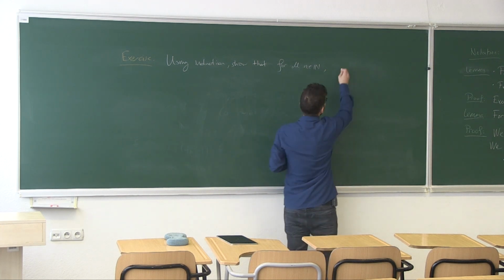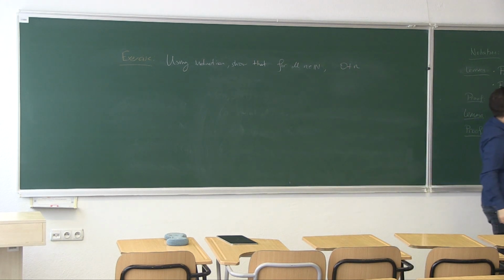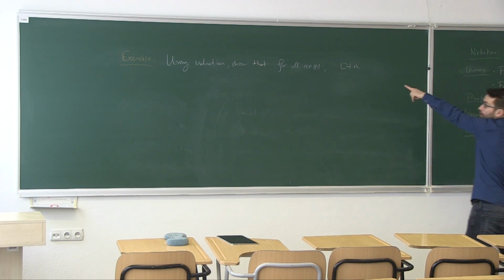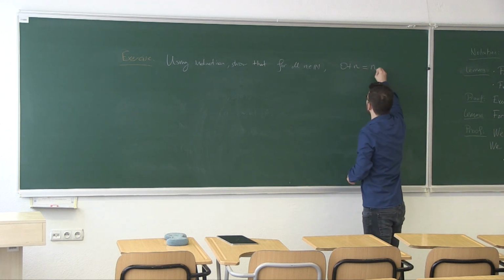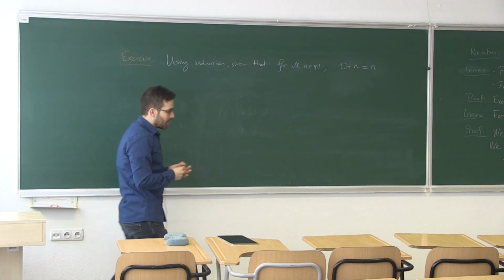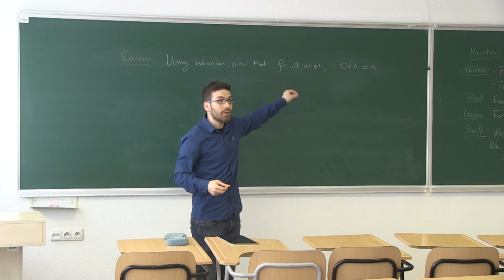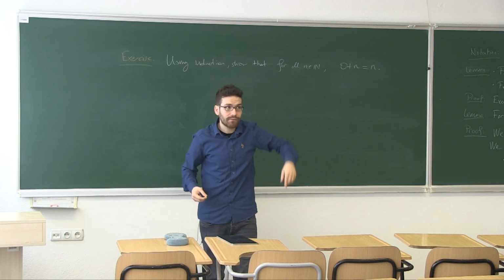Which means that if I ask you what is 0 plus n, you cannot use this. You would be able to use this if you knew ahead of time that the addition is commutative, but you don't know that. So this needs to be proven. Okay? So show that this holds. The reason you can't use commutativity of addition to prove this is that we're going to use this fact to prove the commutativity of addition.